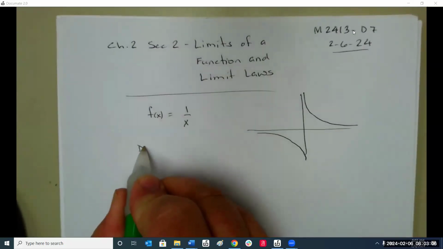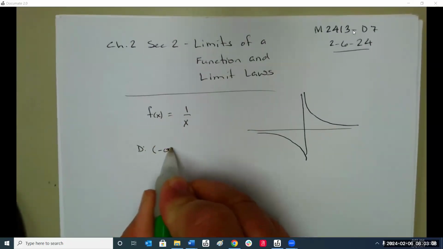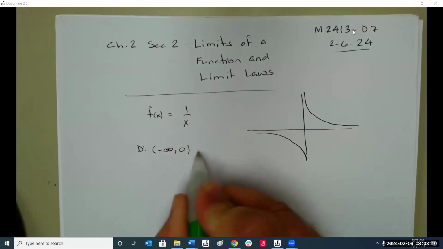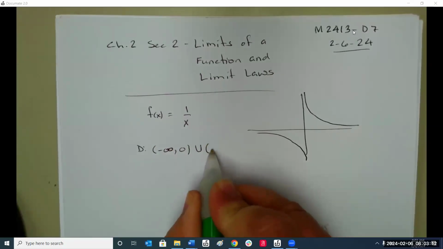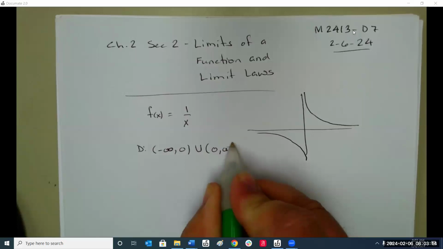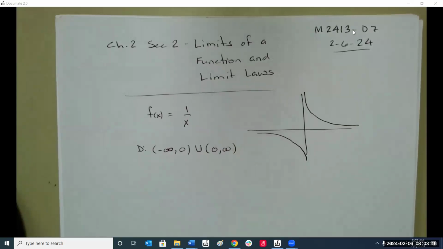The domain is from negative infinity to 0, and then from 0 to positive infinity. So in other words, we know that everywhere else except 0, a value exists. So the only question we have is what happens at 0. So that's typically what we do with a limit.